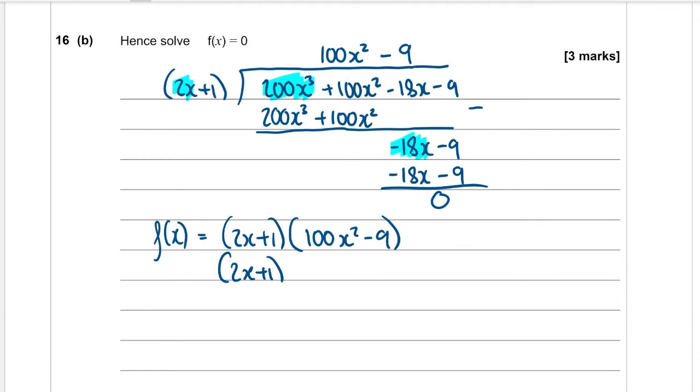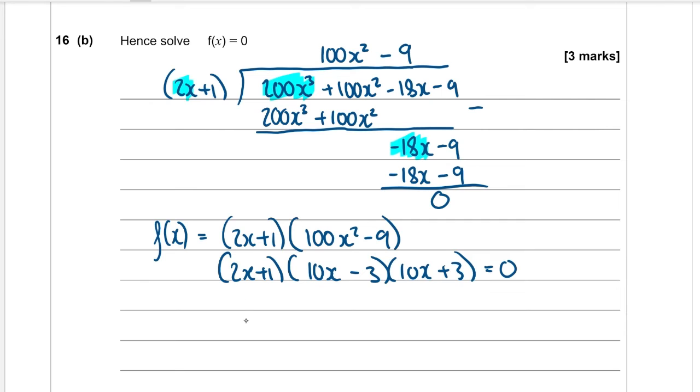And if you're in my class at the school that I teach, I always give a gold note or an award point to anyone who spots a difference of two squares in the lesson. And this is a perfect one here because we have 100x squared, so the square root of that is 10x, and we have 9, which the square root of that is 3. So we write 10x minus 3 times 10x plus 3. And that's equal to 0.